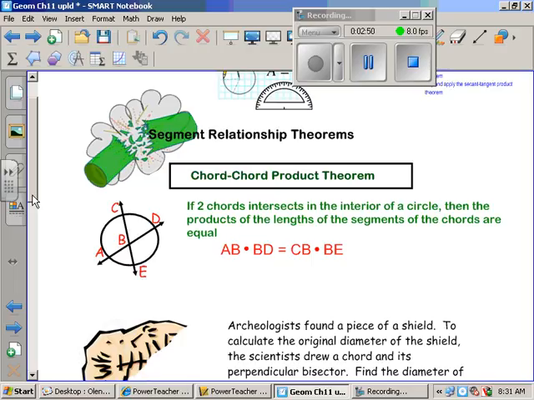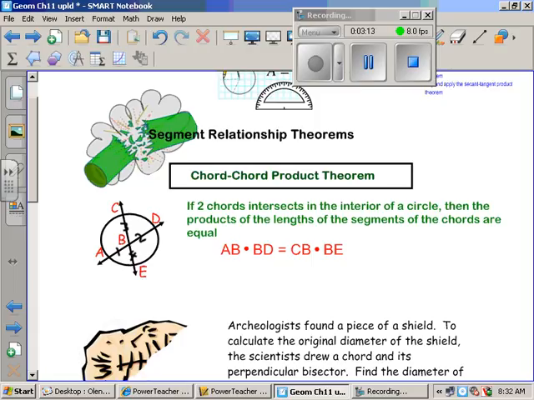Okay? So when you have two chords that intersect inside the circle, the product of these two pieces equals the product of those two pieces. Or if it's easier to name them, like if the letters are freaking you out, 1 times 2 equals 3 times 4.